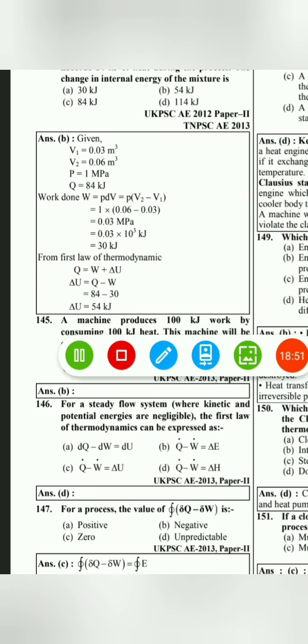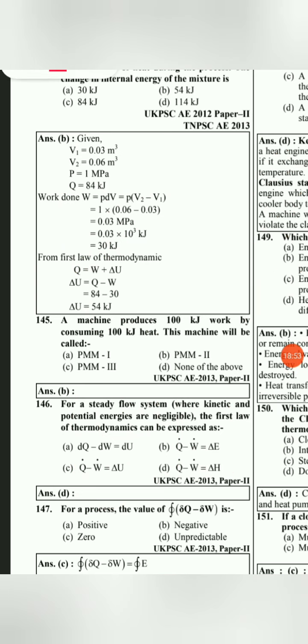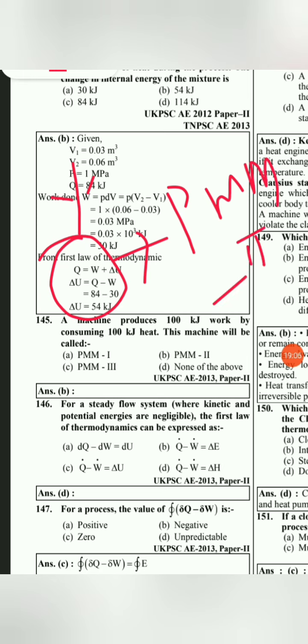That is, if you supply 100 kilojoule of heat to the machine, it will give us 100 kilojoule of work output from the machine. But these machines violate the second law of thermodynamics, either the Kelvin Planck statement or the Clausius statement. So basically, the machines where input is equal to output are called perpetual motion machine of kind second, and those violate the second law of thermodynamics.